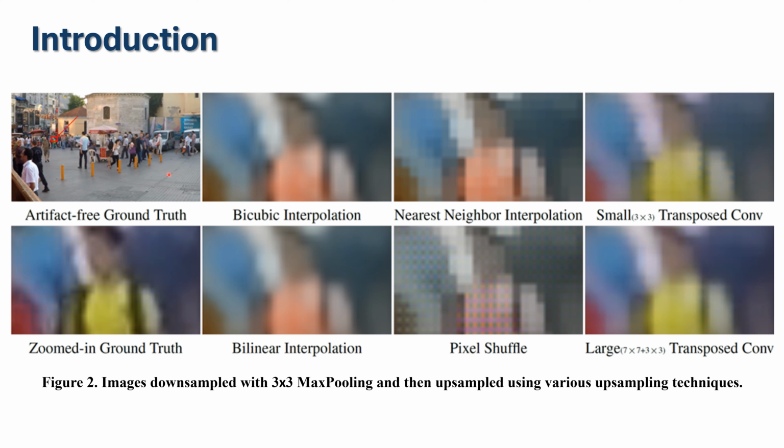For example, bilinear interpolation is causing color change and over-smoothing of the features compared to the zoomed in ground truth. Whereas nearest neighbor interpolation and transposed convolution with a small kernel are both causing grid artifacts, while pixel shuffle is causing aliasing. However, the upsampling done by the large context transposed convolution is the closest to the ground truth.